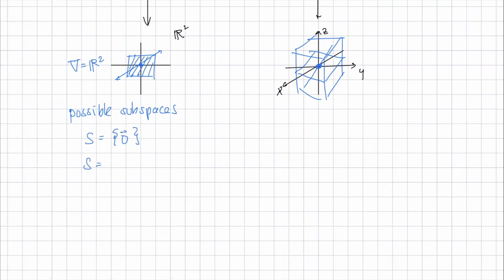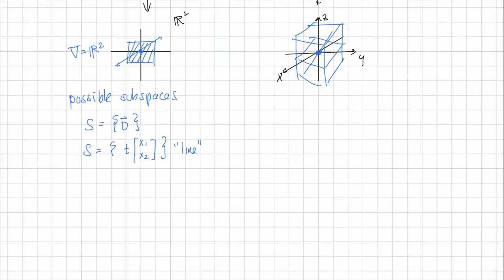S is like, say, T times (x1, x2), which is a line through the origin, or S is some kind of T(x1, x2) plus S(x1, x2), which is a plane, as proper subspaces.